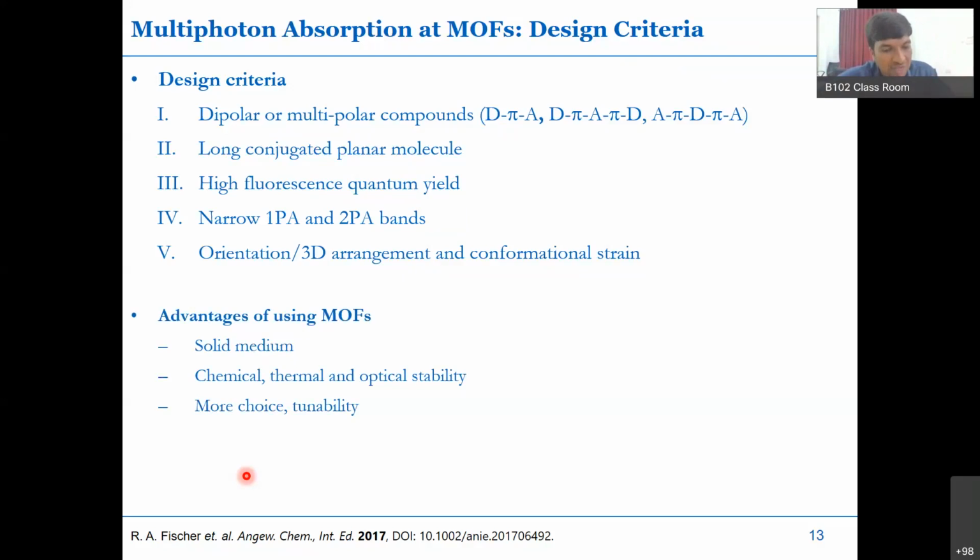But while designing it, we also questioned ourselves why we need MOFs first of all. As I said, it's very simple. As I informed, these are solid state materials, unlike the liquid states established in the literature, and compared to the well-established organic molecules as well as the quantum dots, which have very low chemical, thermal, and optical stability. Whereas MOFs are very good in chemical, thermal, as well as optical stability.